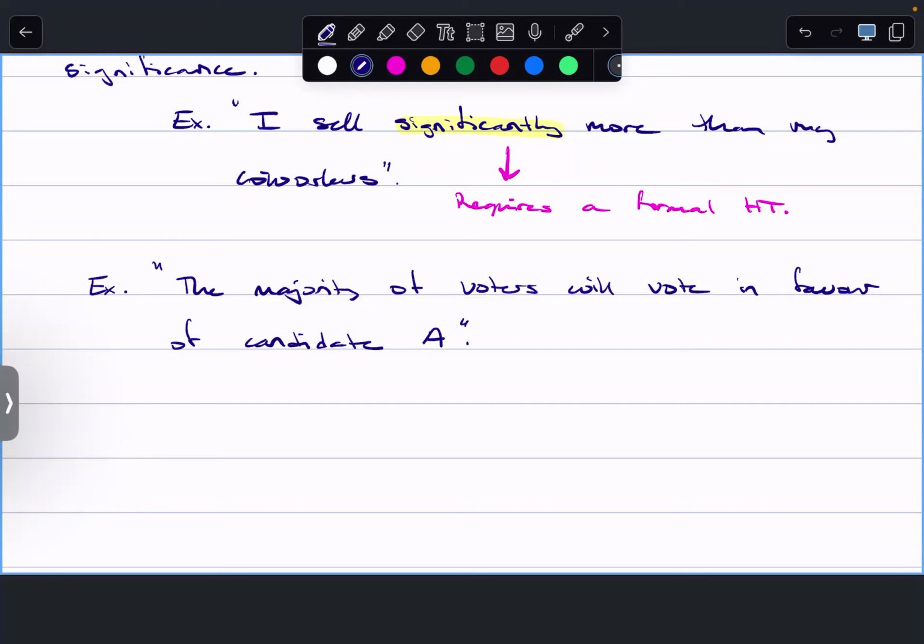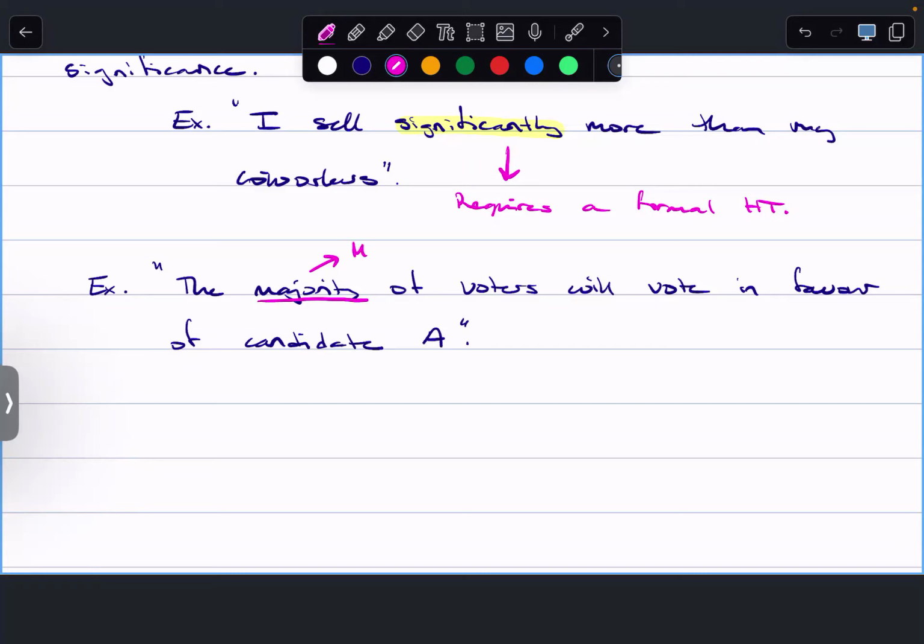So what does a majority mean? A majority means more than 50%. Technically there's some wiggle room, because if I say more than 50, then it can't be 50. But we're going to use 0.5 as the cutoff at 50%.